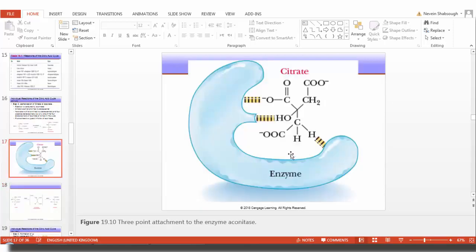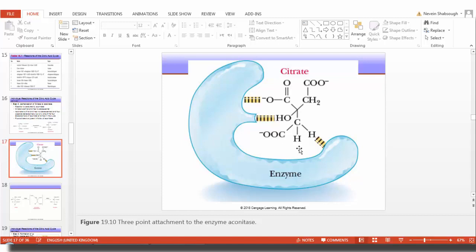Now, if we look at this figure, it shows us the 3-point attachment to the enzyme aconitase, which makes the 2 groups CH2COO and CH2COO stereochemically non-equivalent. Actually, what happens is that the enzyme forms an unsymmetrical 3-point attachment to the citrate molecule, as is shown here in this figure.